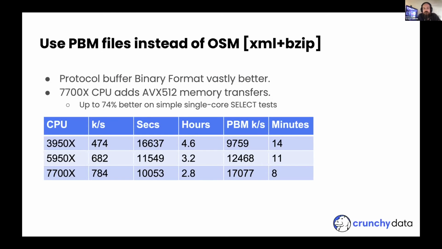AMD's latest CPU generation, in particular, adopted some of Intel's hardware acceleration for memory moves and stuff like that. It's the advanced vector extensions. That stuff is really working well. And when I do completely synthetic benchmarks, some of them are coming in at like 74% better. Really, AMD, I think, has finally caught up with Intel's lead and is becoming a great processor to run Postgres on in this generation that just launched back at the end of September.